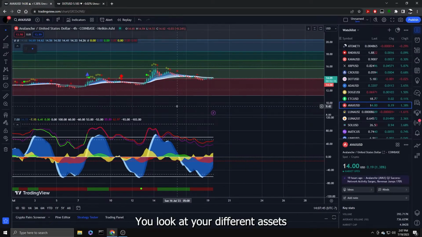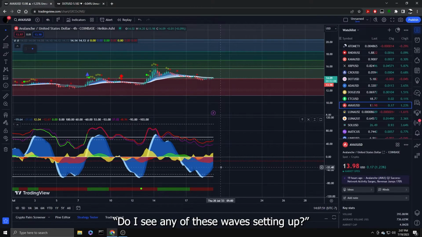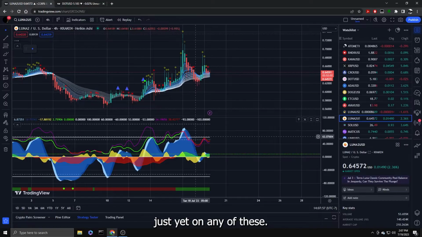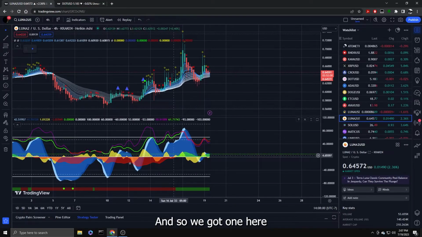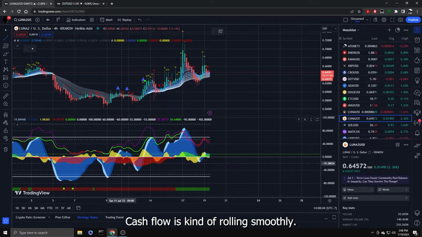You look at your different assets every morning, different time frames, and you go, do I see any of these waves setting up? Not yet. I'm not seeing an anchor or a trigger just yet on any of these. And so, well, we got one here maybe. Cash flow is kind of rolling smoothly.